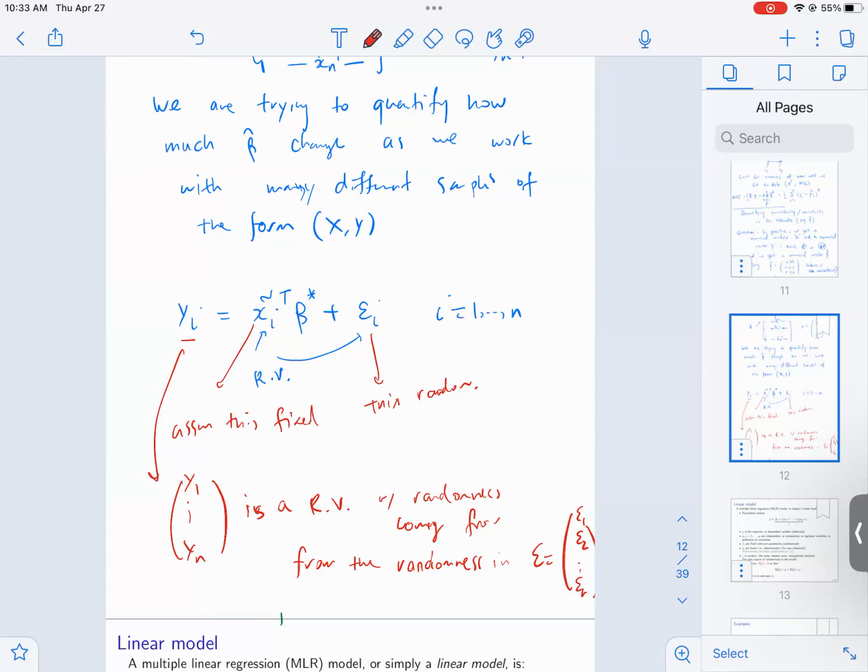And in this abstract problem, we can talk about variances, we can talk about uncertainty.